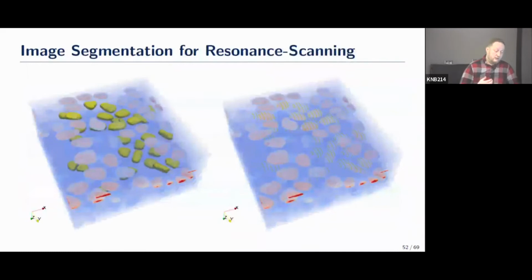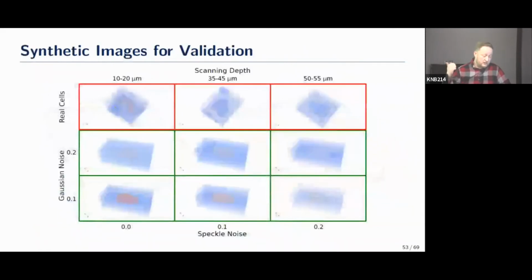At the end of the day, we were able to do this quite well. This is what the images look like with resonance scanning. The cells that we segmented out qualitatively look quite good. We of course want to have quantitative validation methods though. So in addition to these qualitative measures, I also developed a validation testing framework where I could generate synthetic images reflective of the image quality of the resonance scanned images at varying degrees of image quality.